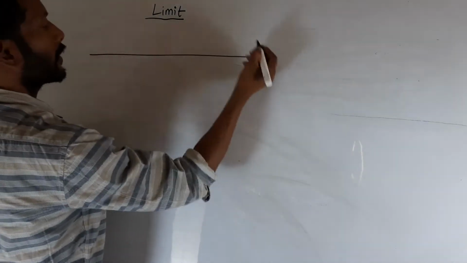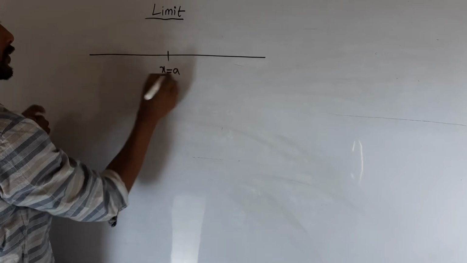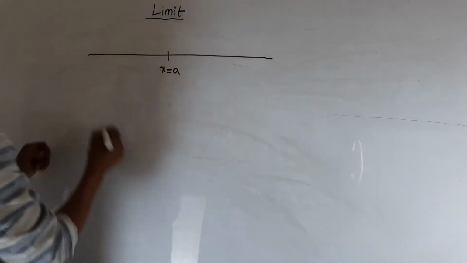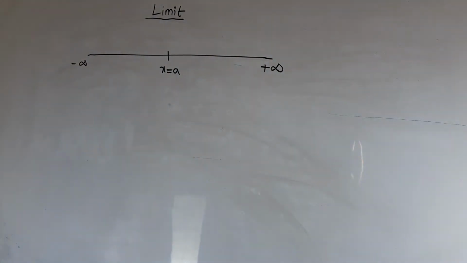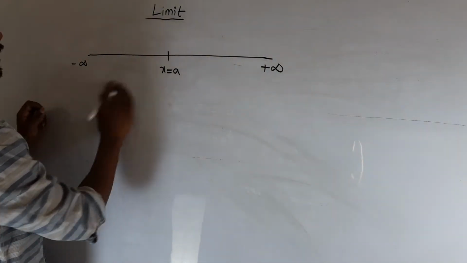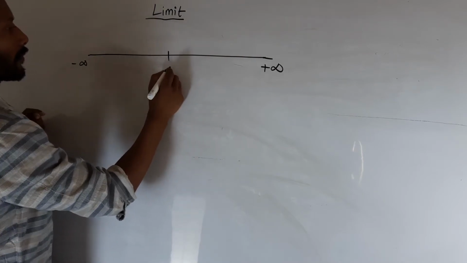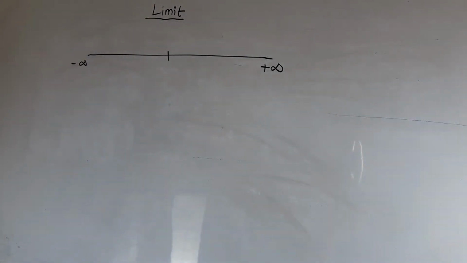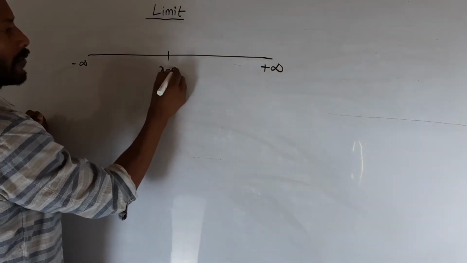On the number line, from minus infinity to plus infinity, a is a real number. Suppose here x equal to a.